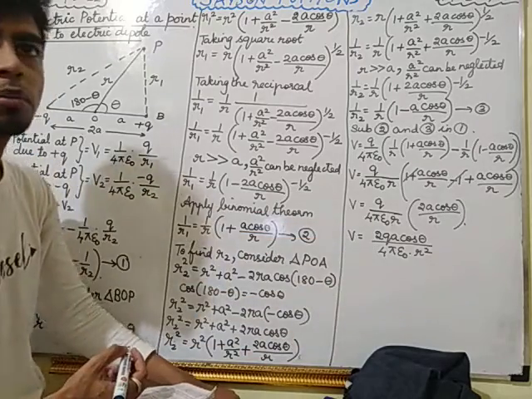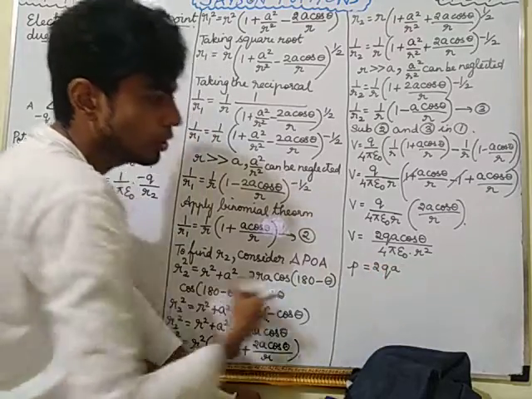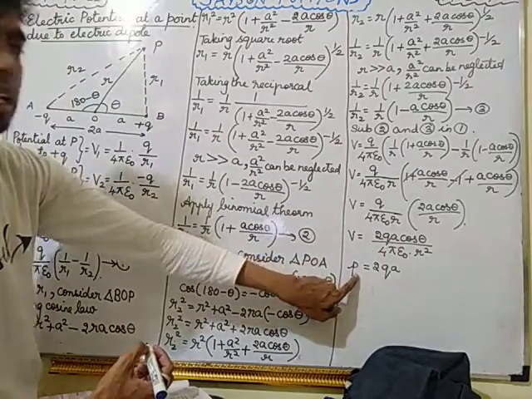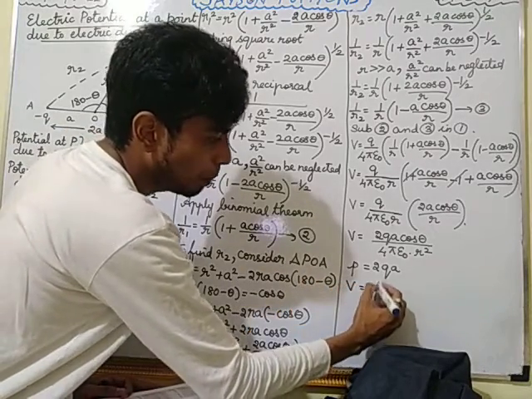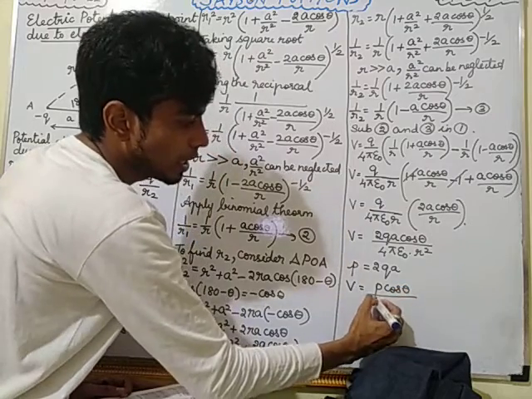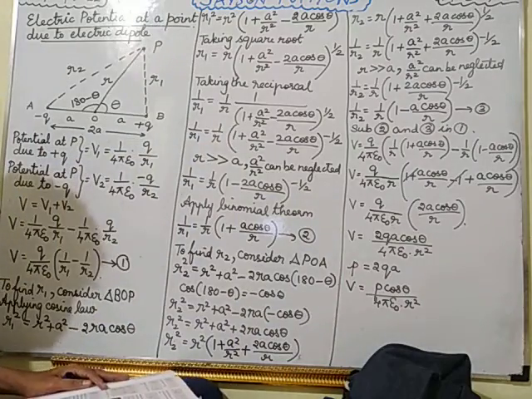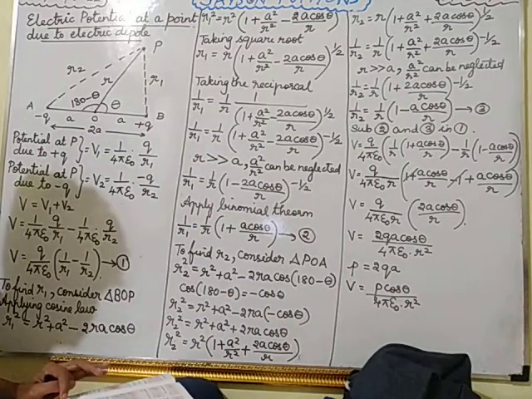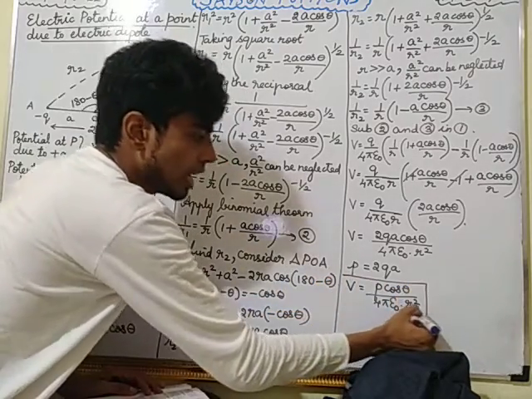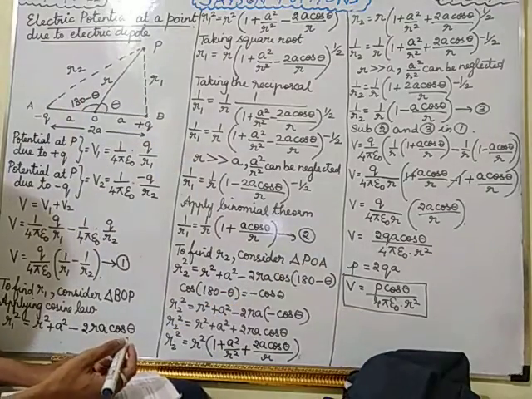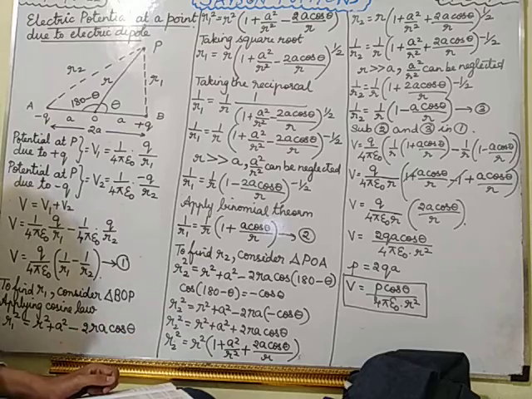You know the formula: dipole moment P is equal to 2 into Q into A. So instead of 2qa I can write P. So what will be my formula? V is equal to P cos theta divided by 4 pi epsilon naught into r square. Okay, so this is the formula for the electric potential at a point due to an electric dipole. Okay, copy it down. We will see the special cases also.